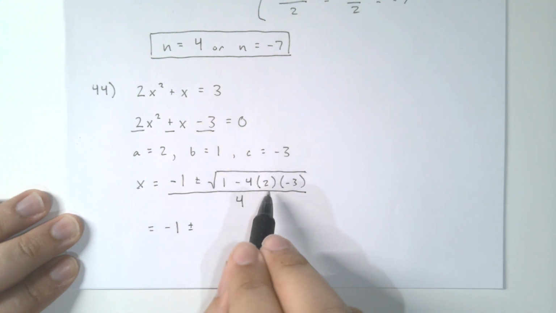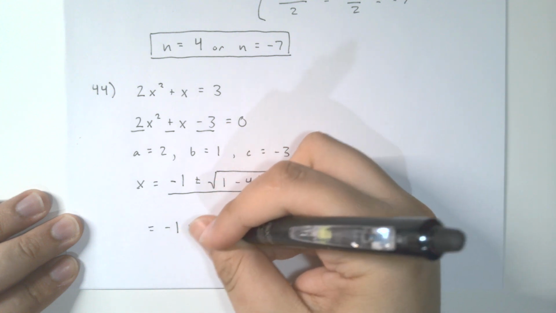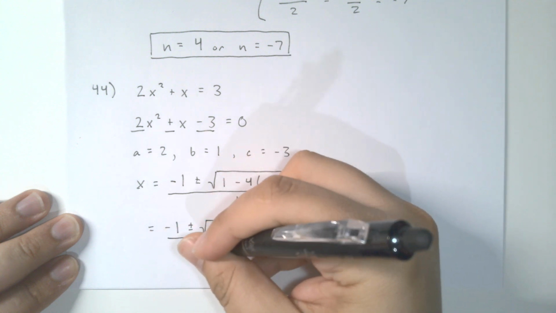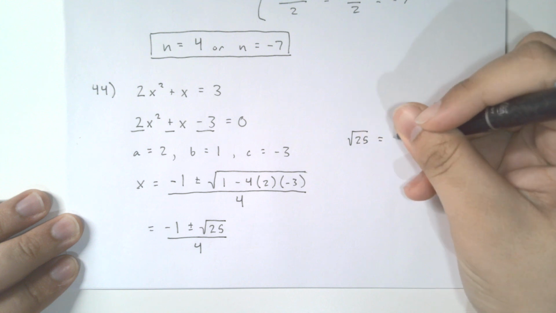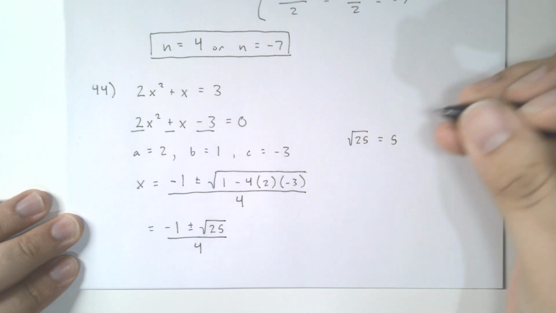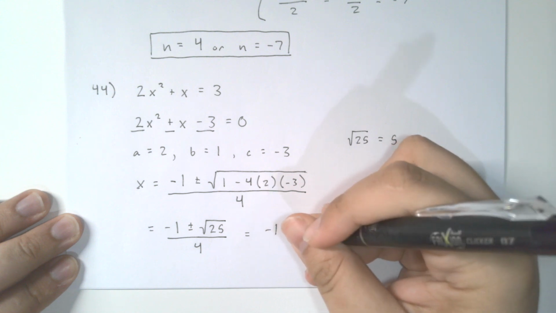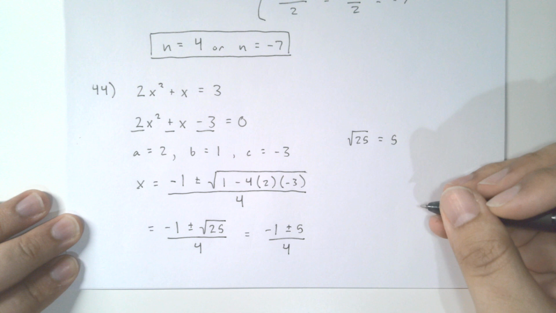Calculating our discriminant, we put this into our calculator, and we're going to get the square root of 25. And we know that the square root of 25 is equal to 5. So this is equal to negative 1 plus or minus 5 all over 4.